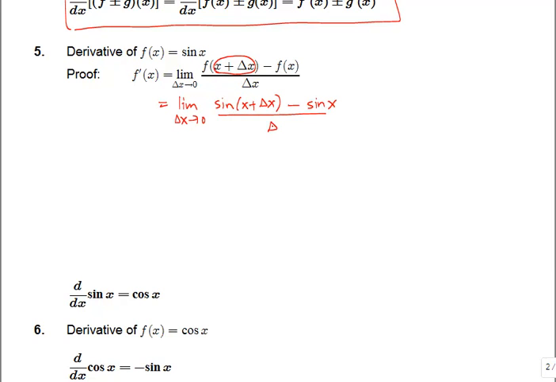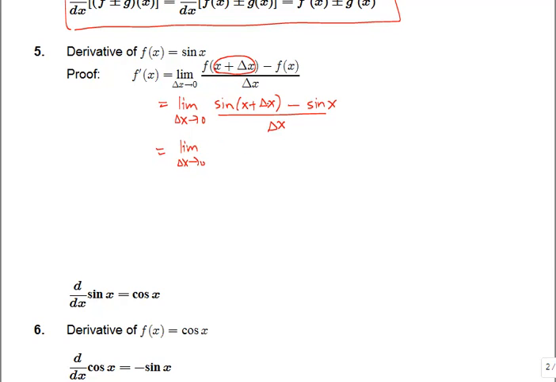So here's what we have so far, and the only way to progress from here is to know a little bit about some identities. In fact, we need to know the identity for sine of a sum of two angles. And hopefully you remember this from pre-calculus or from trigonometry. What this identity says is that you don't just distribute your sine across. That's not allowed.